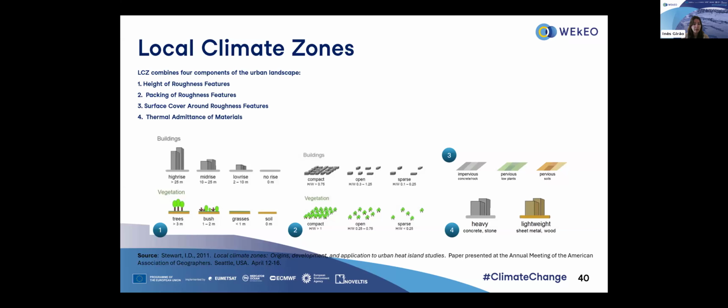One of them is the height of the surface features like buildings and trees, the density or packing of those features, the surface cover surrounding them, such as concrete, vegetation, bare soil, and the thermal properties of the materials involved. This classification helps us understand how different parts of the city respond to different climate drivers.